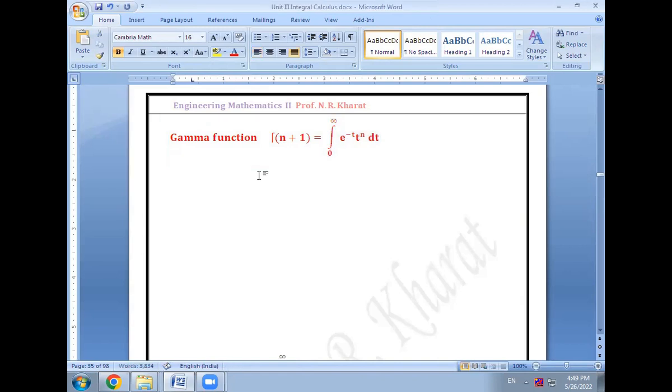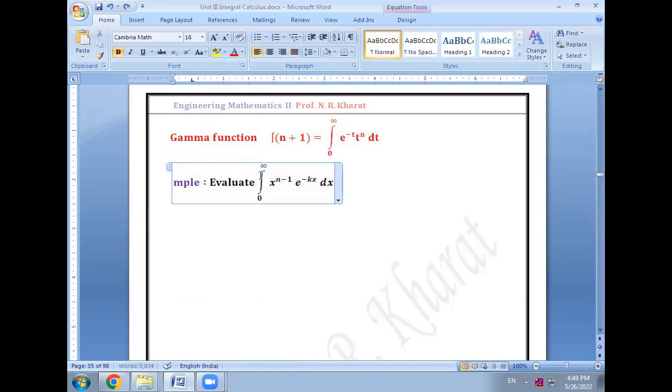So we will just see the next standard conversion of your example. If the index of your exponential function is not minus x, it is in the form of minus k times x, then how to find the solution of such an example?